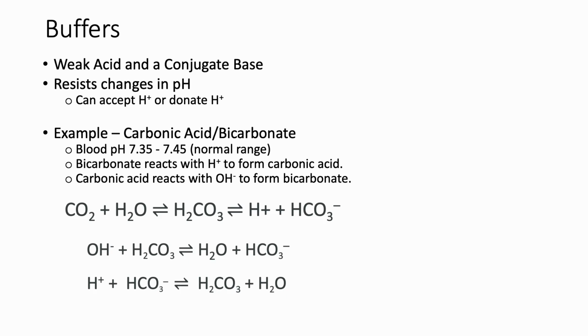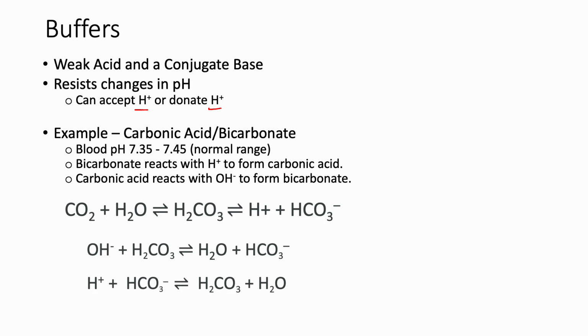Now, the way a buffer can do that is it has the ability to either accept a hydrogen ion or donate a hydrogen ion, whichever way. So in other words, they can buffer or prevent changes either way.